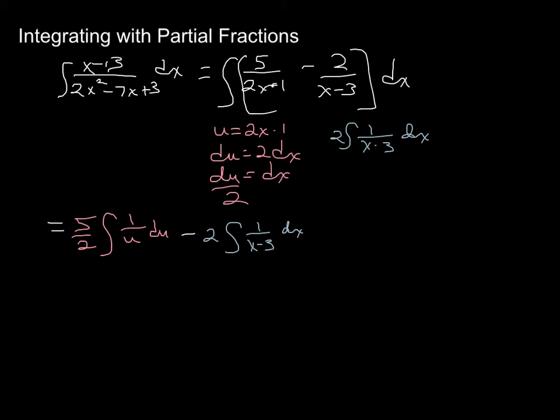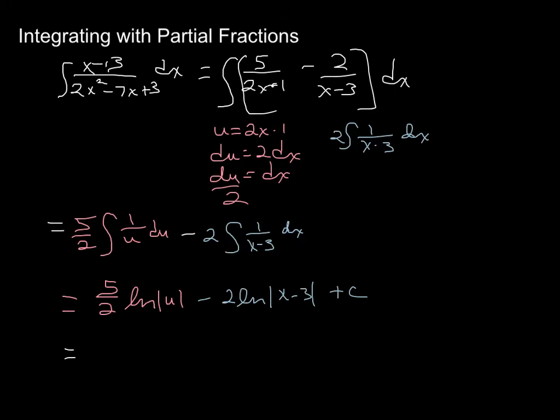All right, so then this integral equals 5 halves, the ln of u, and don't forget your absolute values, minus 2 ln absolute value of x minus 3 plus c.